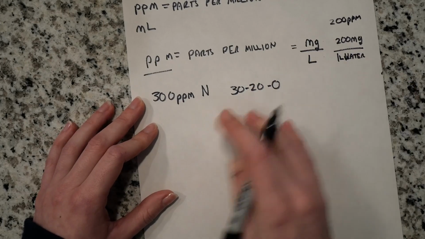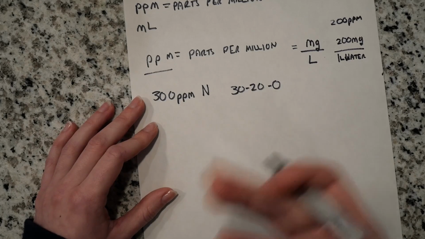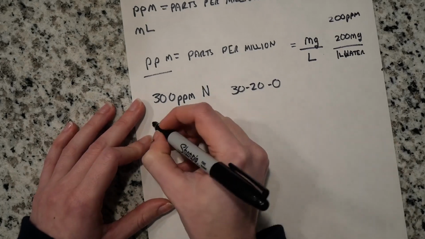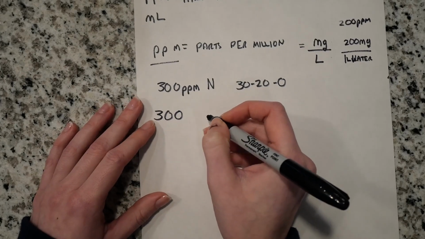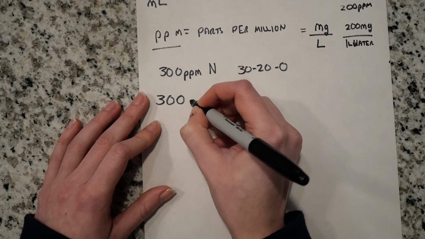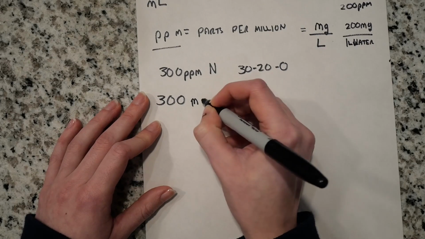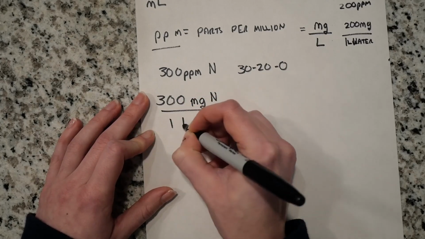So these are the 2 things we're given, but this is a lot of information that we can work with. So first we're going to go ahead and turn this immediately into milligrams of N to 1 liter of water.